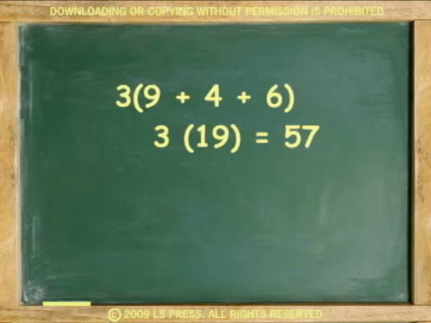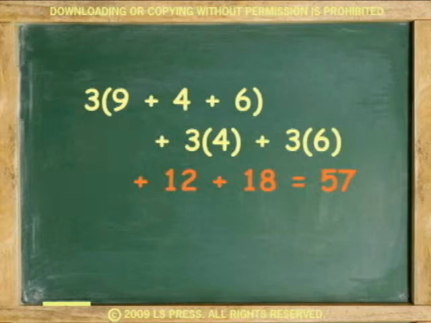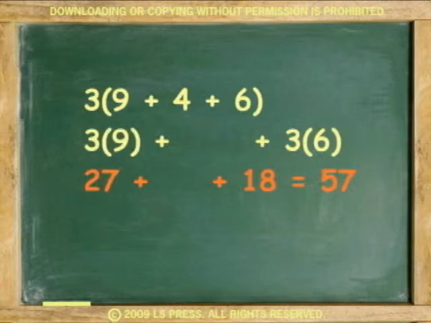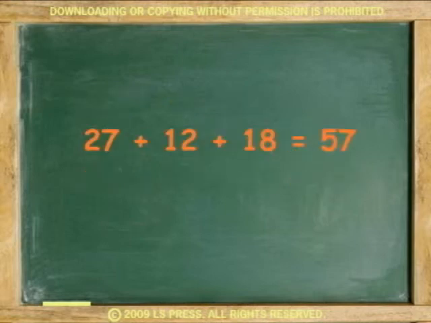Let's see this other example. Add first, then multiply: (9 plus 4 plus 6) equals 19, times 3 equals 57. Multiply first, then add: 3 times 9 plus 3 times 4 plus 3 times 6 equals 27 plus 12 plus 18 equals 57.